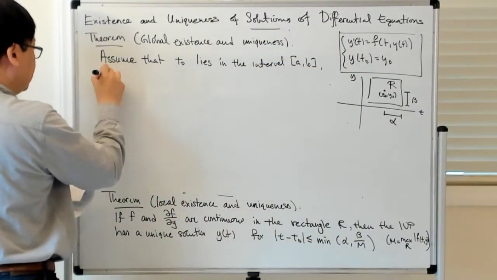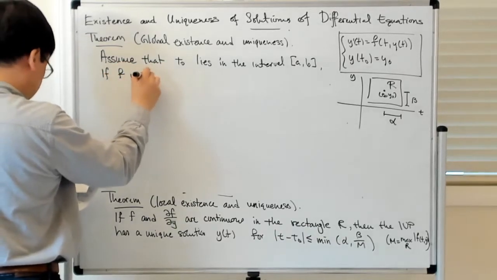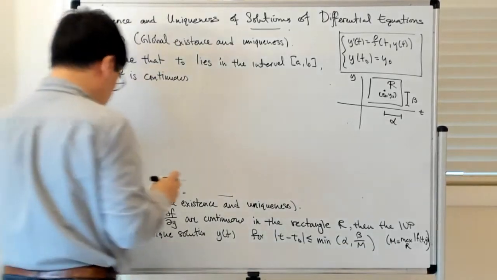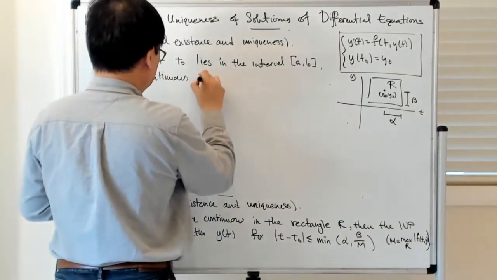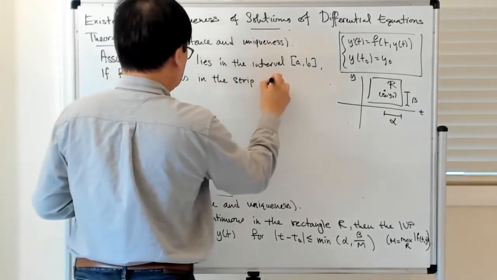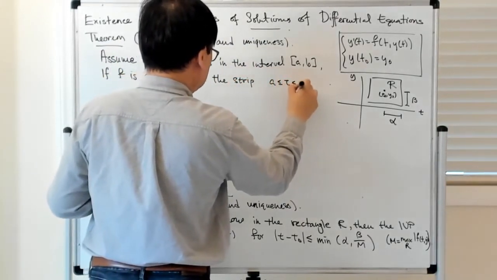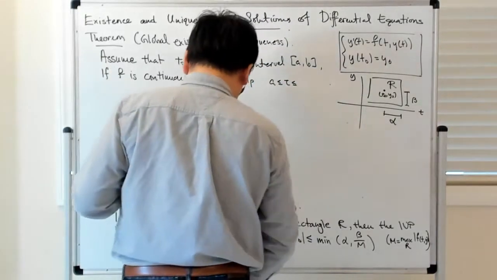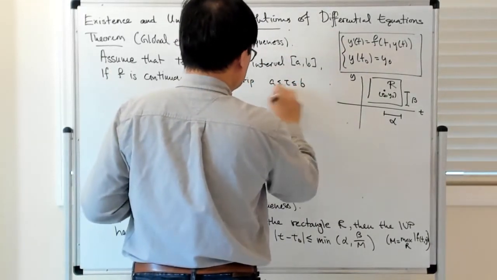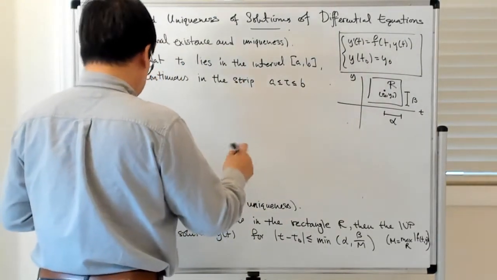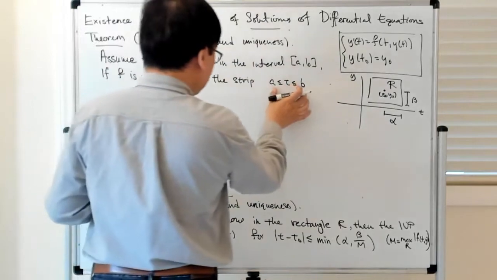So if f is continuous in the strip, okay, in this interval between a and b. It's not just that between a and b.